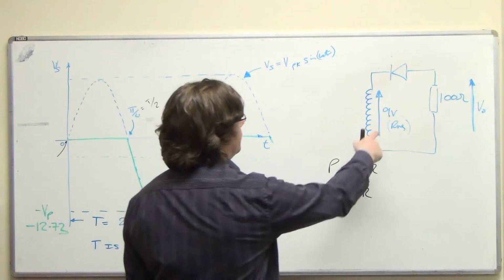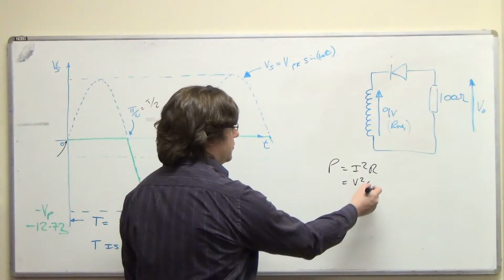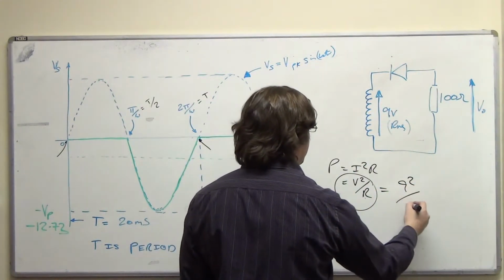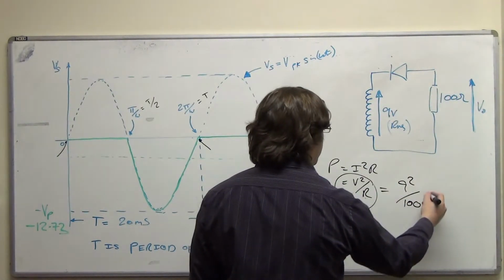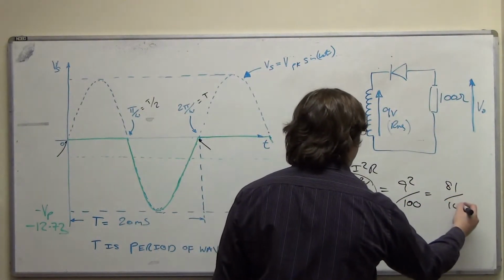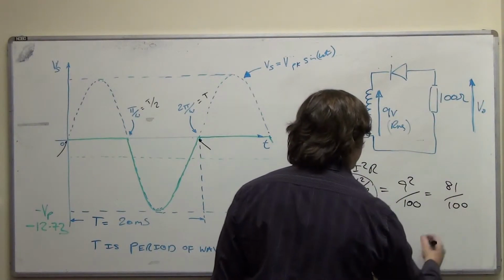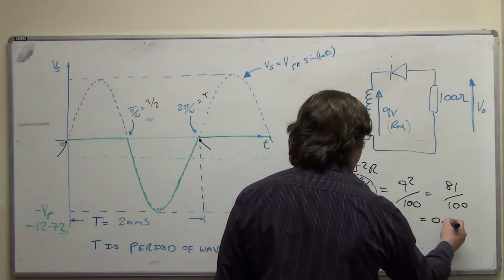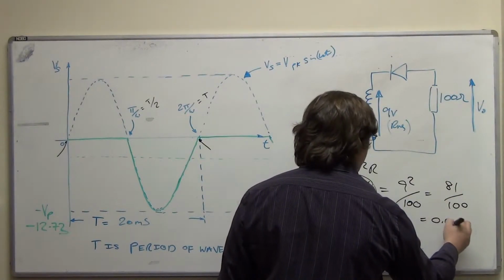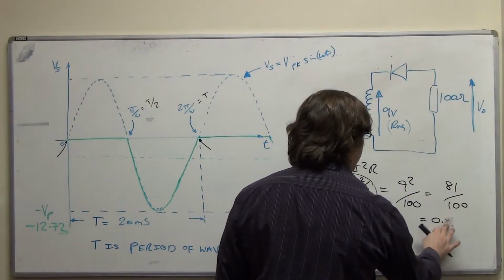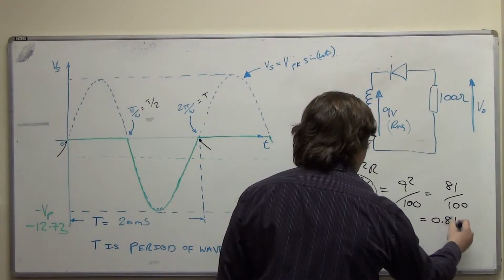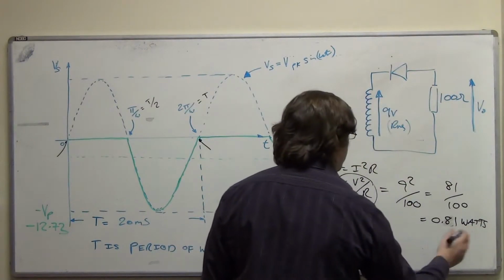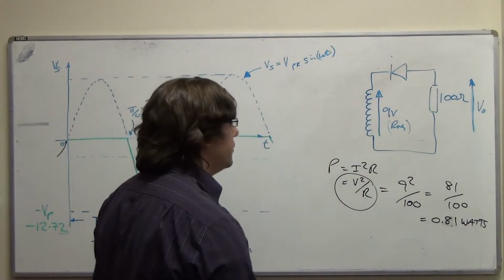So since I've got RMS voltage at my disposal already, I'm just going to pick that one, and it's 9 squared over 100, which is 81 over 100, which is 0.81 watts, which is fine, but that's not actually the right answer.